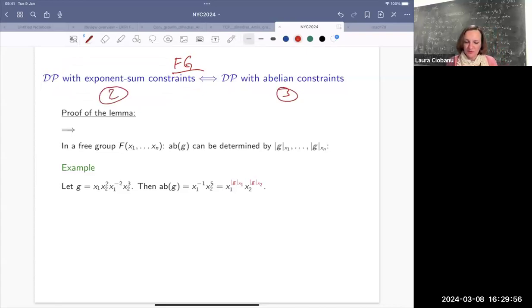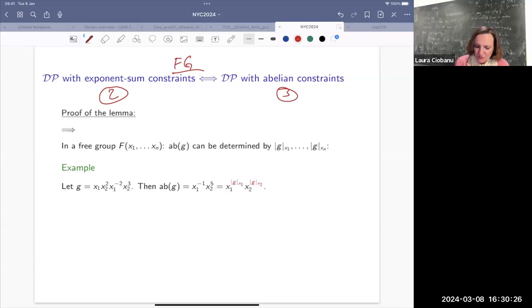I want to be able to go between the two via this little bit of interpretability. As you see, it's solving equations where you are able to also say when two things have the same exponent sum, and you want to say that's the same as solving equations where you are able to say that two things have the same abelian image, for example.